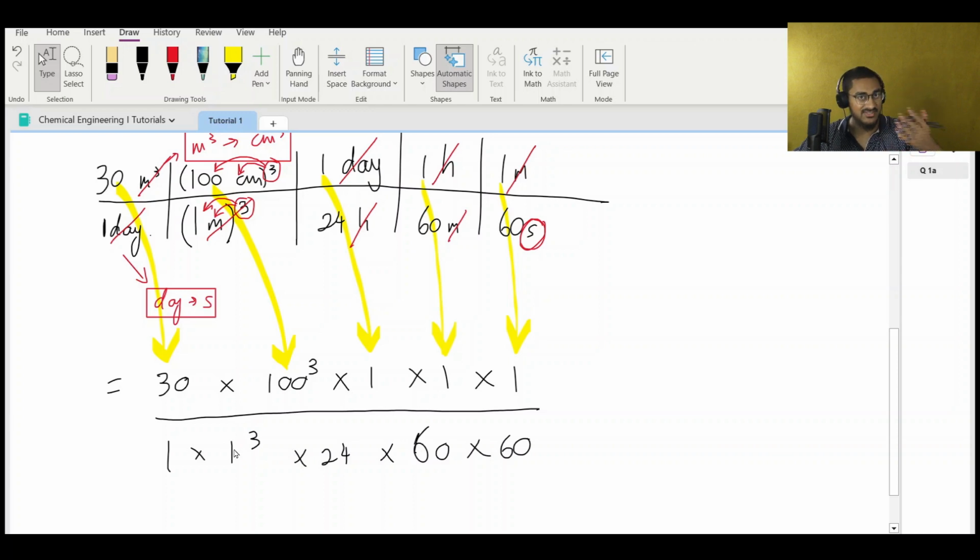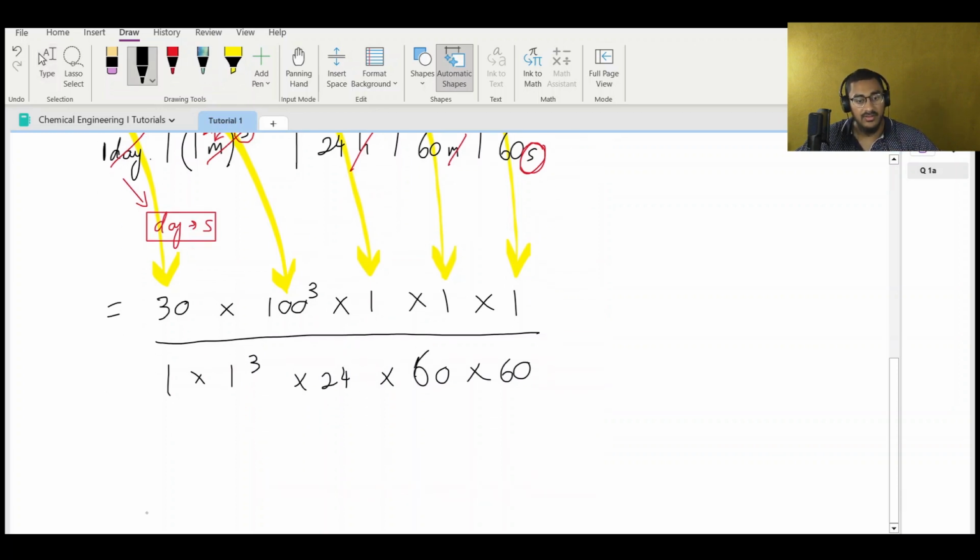I know, but this is just to show you that it's very important that you don't forget that cube in there. Okay. So that is equal to, if my calculations are correct, you should end up with 347.22 cm cubed per second. And that is your final answer.